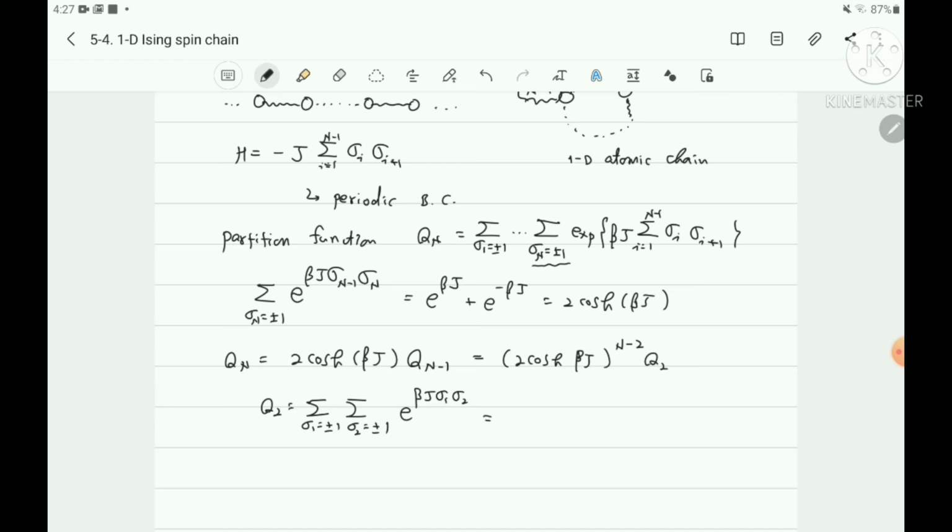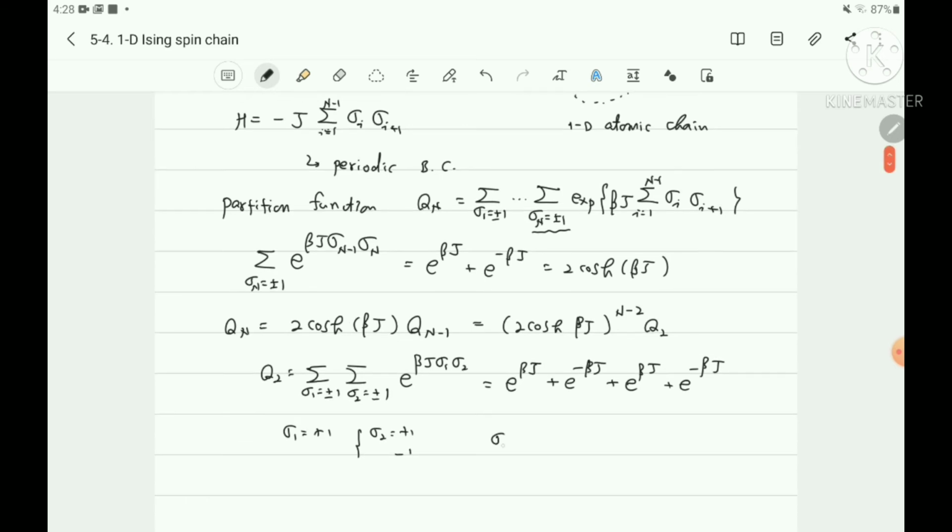Here in this case, there are four terms: exponential beta J plus exponential minus beta J, and plus exponential beta J plus exponential minus beta J. Because when sigma 1 is plus 1, sigma 2 is plus 1 and minus 1, and when sigma 1 is minus 1, sigma 2 is also plus 1 and minus 1.